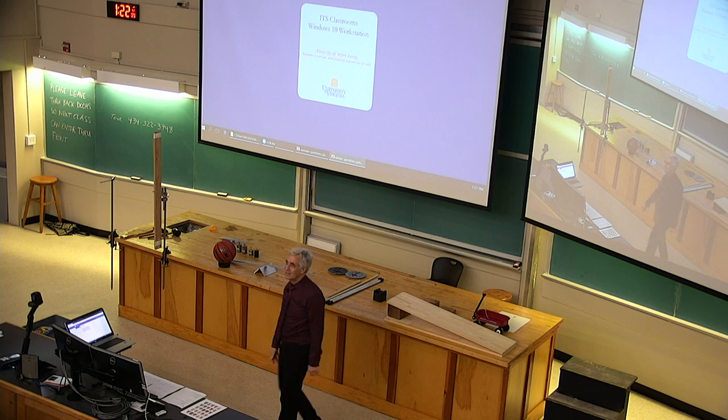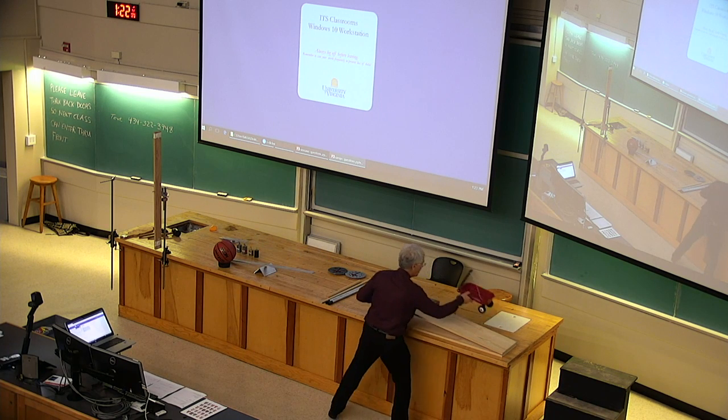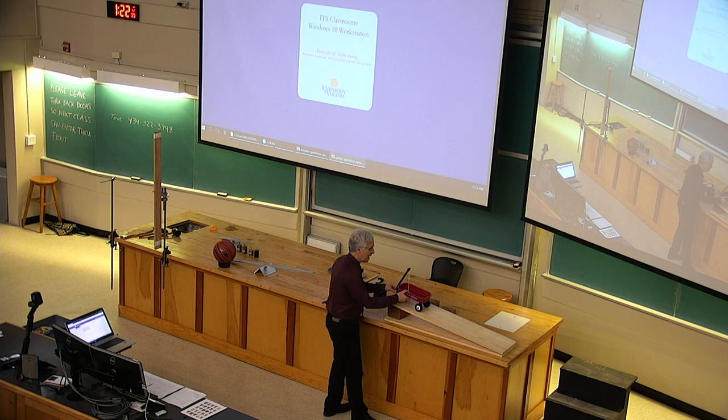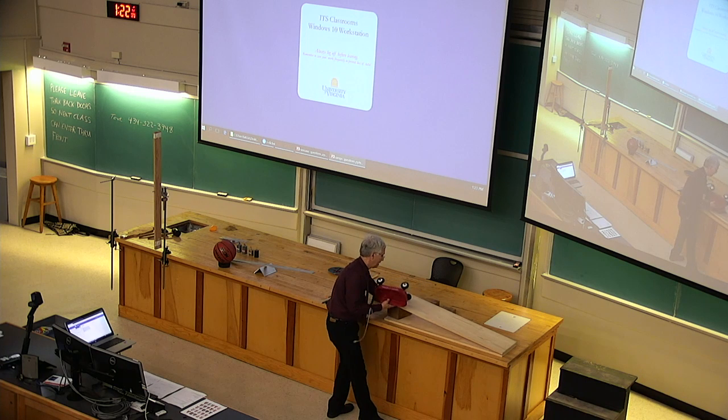So the wagon is sort of falling. It's a reduced fall. It's a lovely constant acceleration downhill, and it depends on how steep the ramp is.